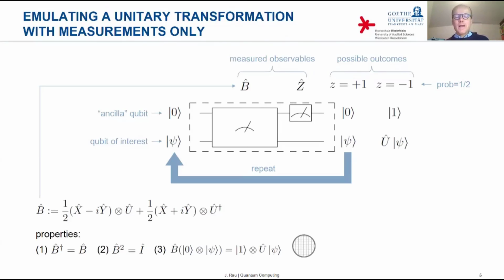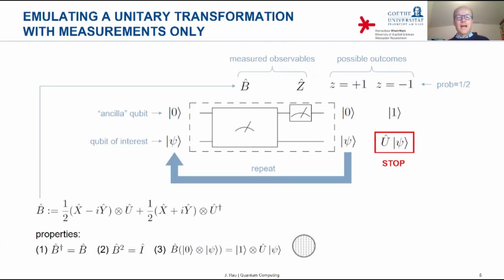And when the outcome is -1, you have to project onto the basis state 1 for the first qubit. And then the state after measurement for the two qubits is the tensor product state 1 with the transformed psi, with u psi. And then you stop, because then you have the second qubit in the transformed state that you wanted to have. Then you've achieved the unitary transformation of the second qubit.